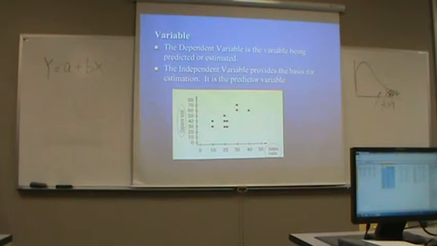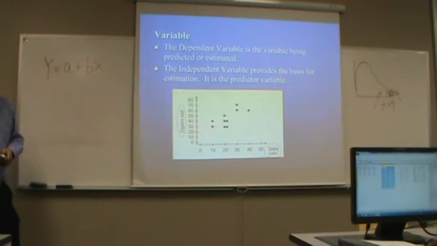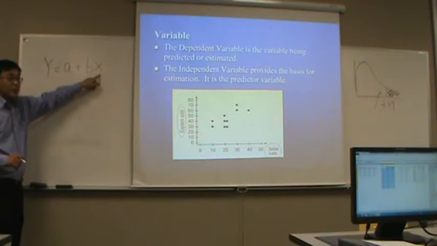Usually a linear function like this, then two variables, y and x. We call this x variable the independent variable.